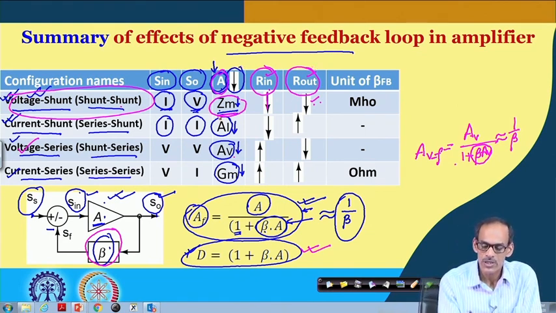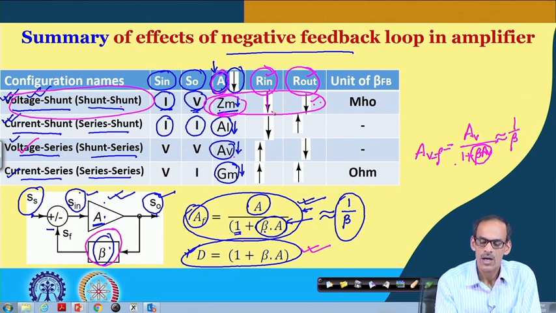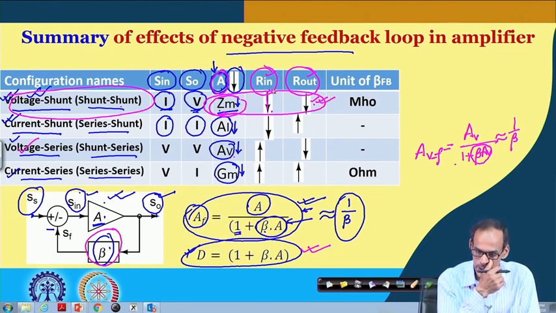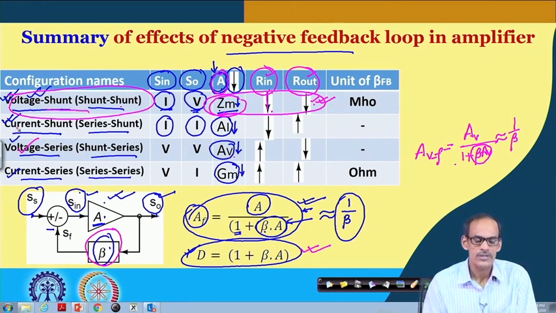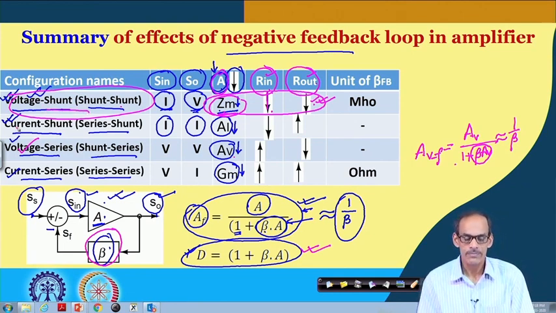This combination, reducing Zm and then reducing R in and R out, is fixed. And if we are very sure that we are looking for this characteristic, then we can add the negative feedback system in this shunt configuration.